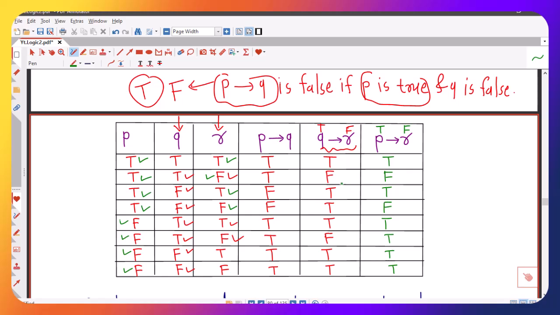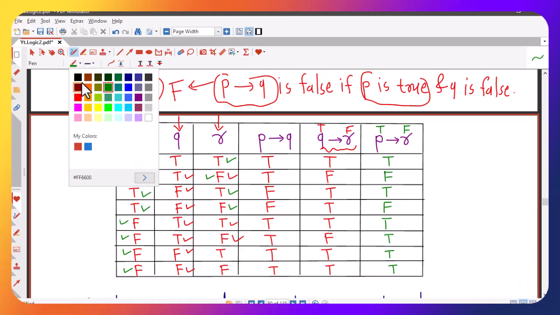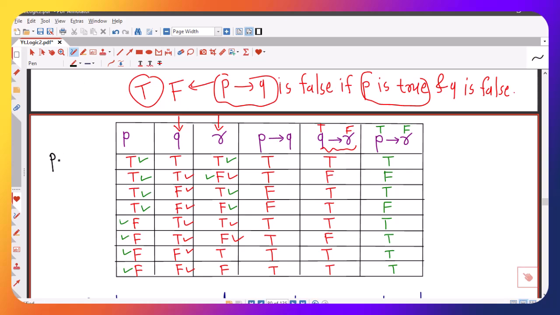So we have prepared the truth table. Now what we want to check? We want to check whether this is valid or not. That is, whenever P implies Q and Q implies R, both are true, then P implies R is also true. So we will concentrate on all those rows in which P implies Q and Q implies R both have truth value true.